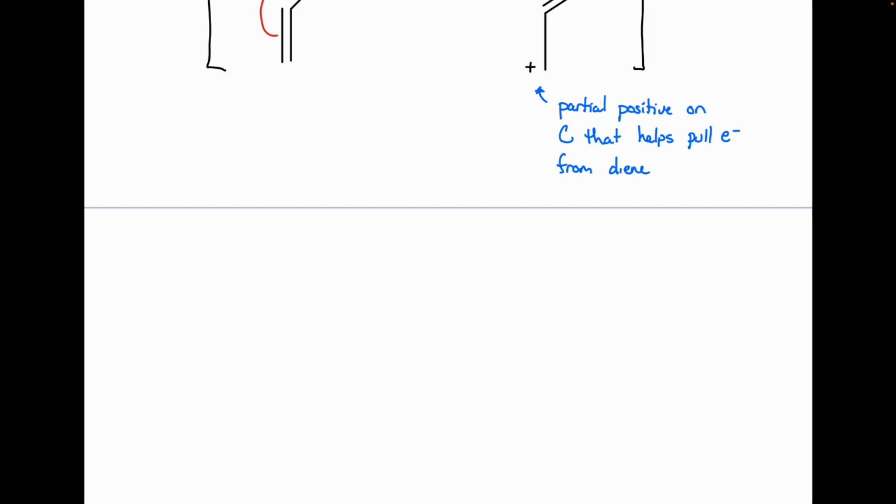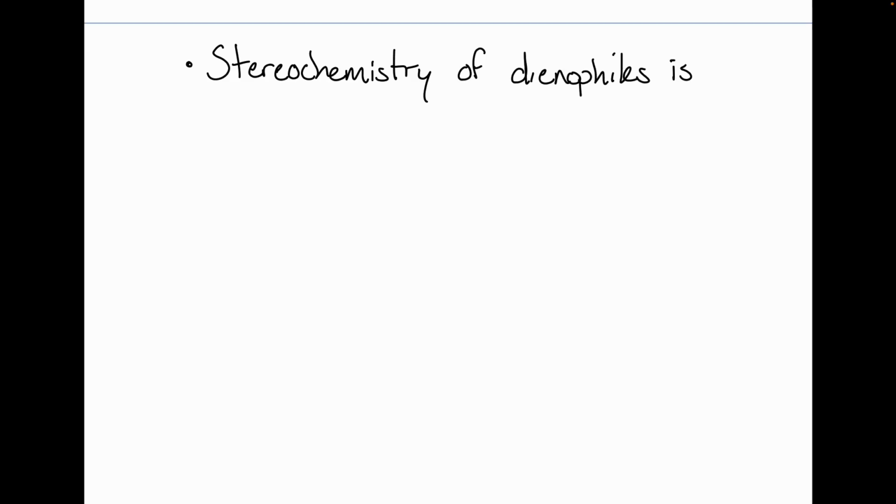All right, and last thing we're going to note about these dienophiles is that the stereochemistry of those dienophiles is preserved in this Diels-Alder reaction.